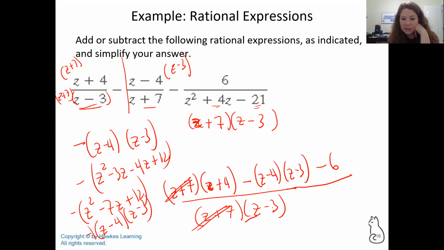Well, I'm going to go ahead and cancel these. And then that's still the opposite of z minus 4, right? So our denominator went away. So what do we have in our numerator?